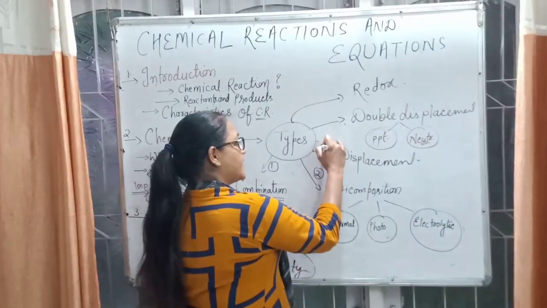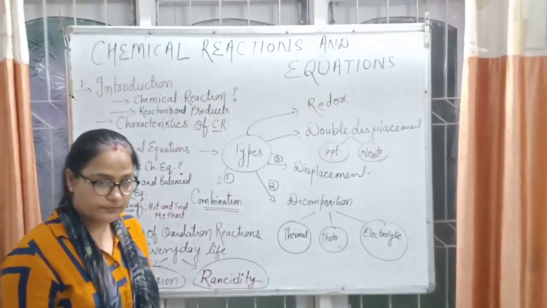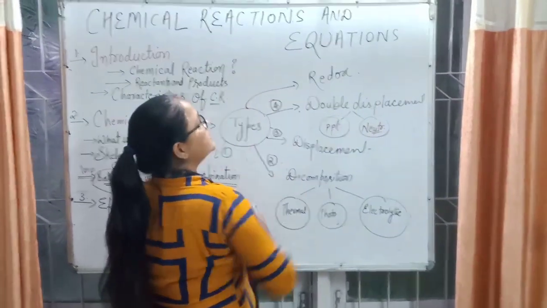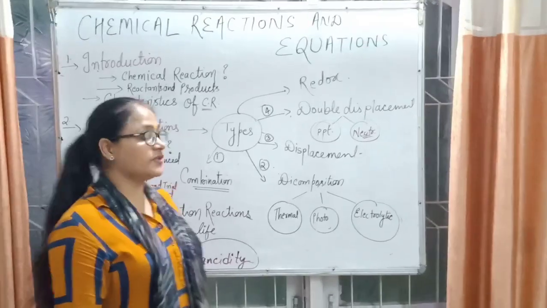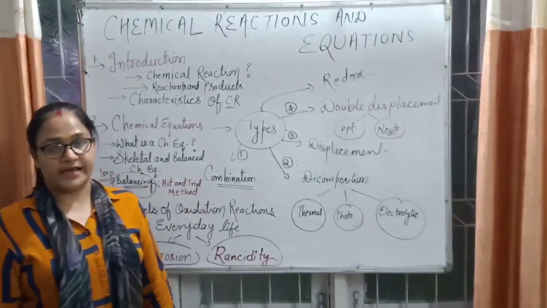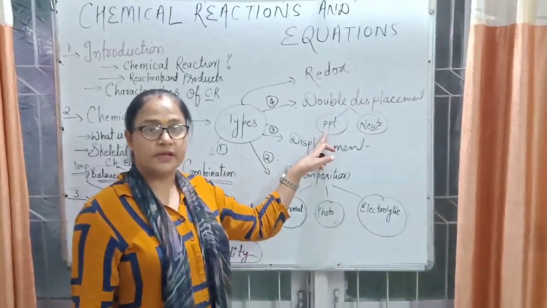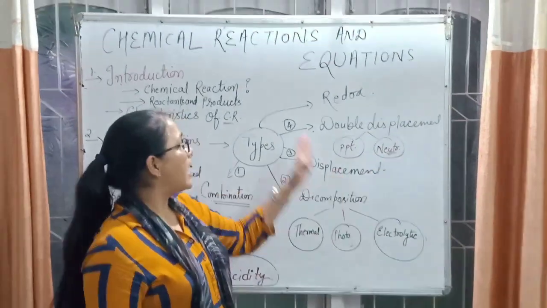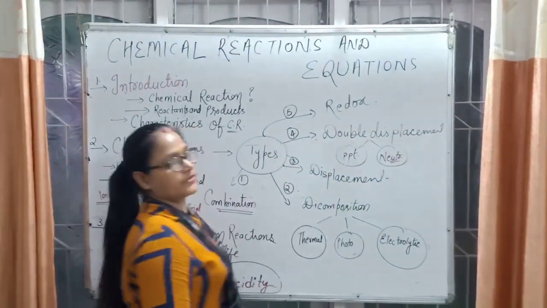Then the third category is displacement reaction, and the fourth category is double displacement reactions. Double displacement reactions we can categorize into 2 categories: precipitate type of reactions and neutralization reactions. And the last part is redox type of reaction.